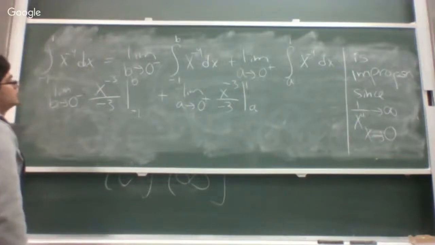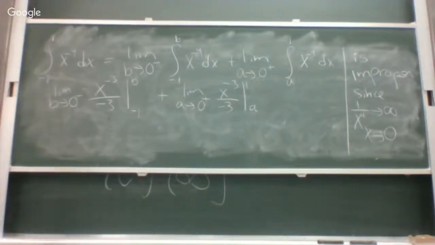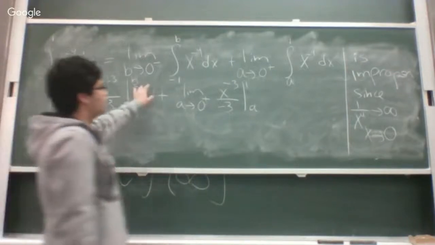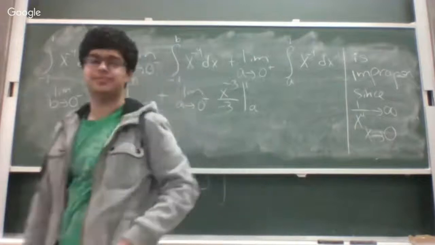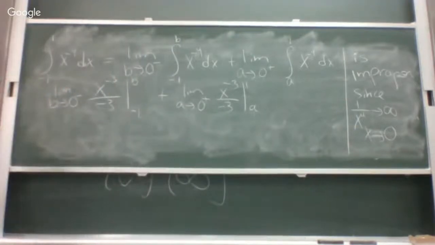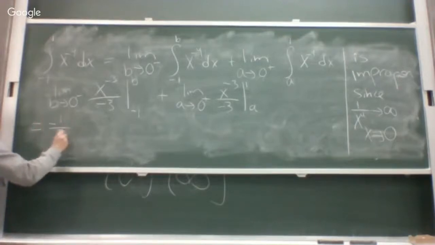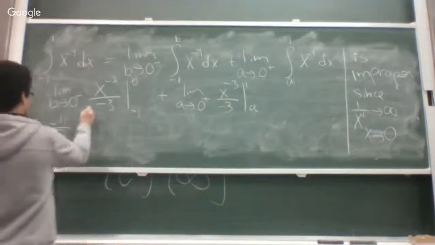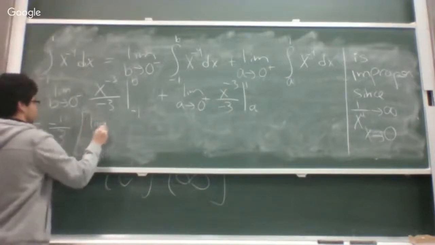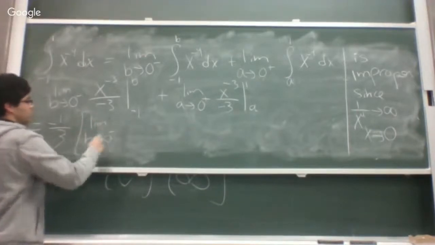Yeah, you have to break it apart into two functions since 0 comes in the middle. So this is equal to negative 1/3 times the limit as b approaches 0 from the negative side.